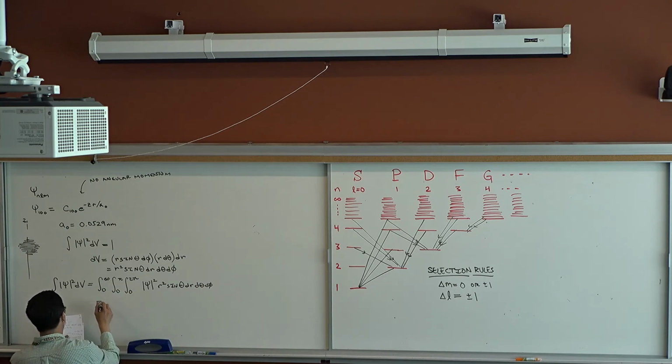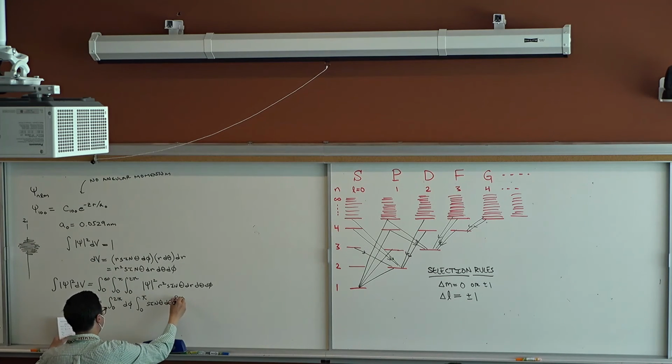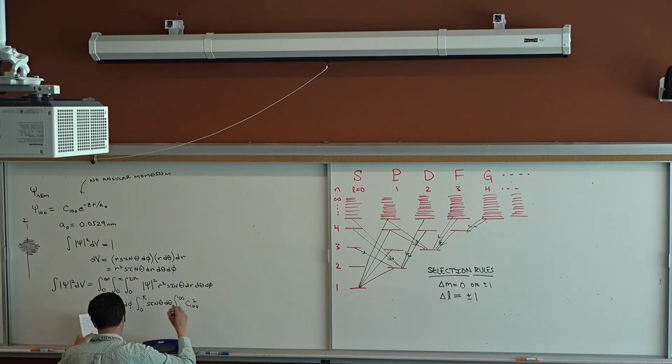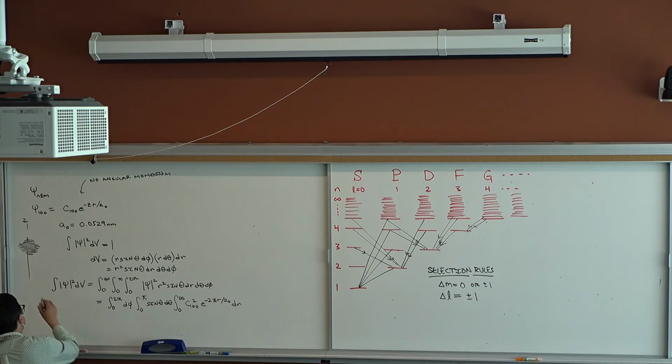And we can write this as the integral from 0 to 2 pi of d phi, times the integral from 0 to pi of sine theta d theta, times the integral from 0 to infinity of C100 squared e to the minus 2 z r over a naught dr. And the nice thing about this is, when we have fully separable solutions, like if we assume that R, F, and G are independent of each other, then I can separate out the integral into pieces and multiply them together.